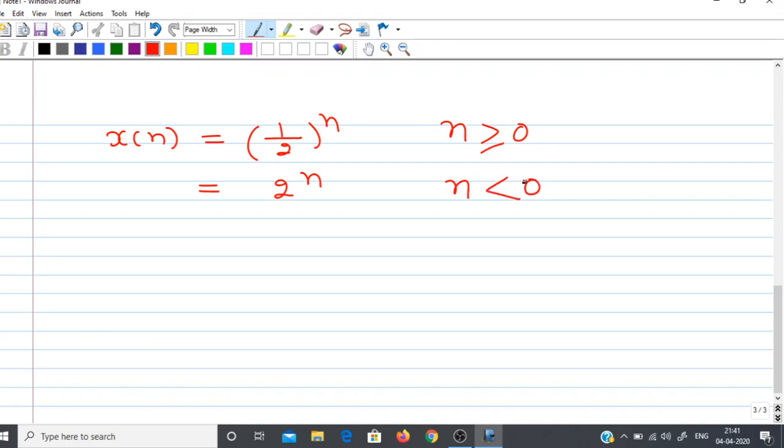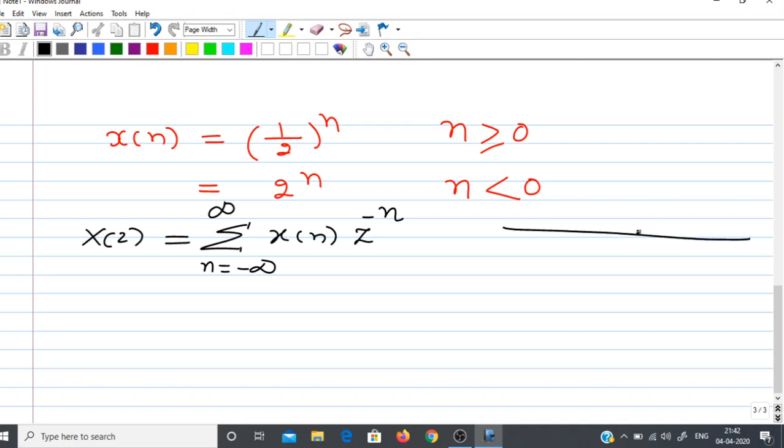And now we have to obtain Z transform of this sequence. So from the definition of Z transform, X(z) is the summation over n from minus infinity to plus infinity, x[n] z to the power minus n. Now I can split my summation into two parts.